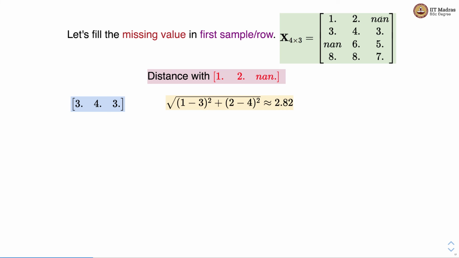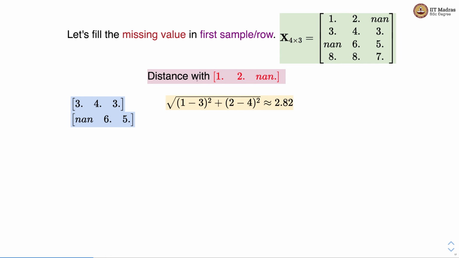Since the third value is NaN, we do not consider it for the distance computation. The Euclidean formula is the square root of the squared difference of feature x1 of the two examples, plus the squared difference of their second features, and we get the value 2.82.